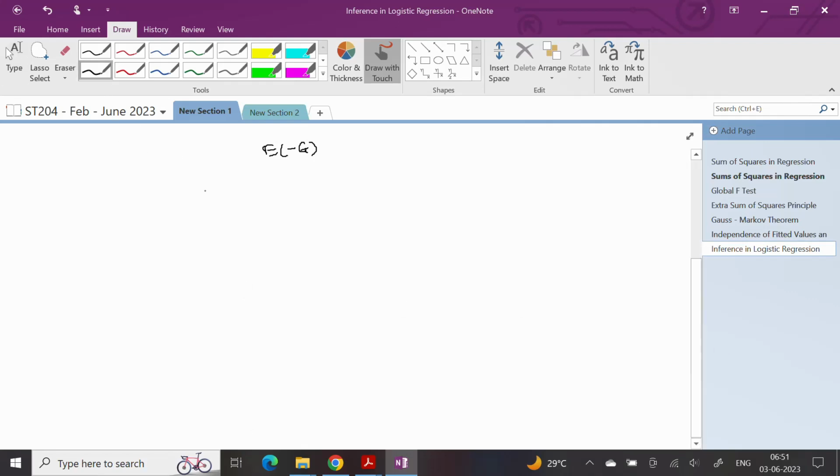So what are my predicted values? We know that my predicted value is going to be y hat, but that depends on pi hat. So pi i hat is defined as beta prime x i, where x i is the ith observation, so it contains values of all the variables for that particular subject.